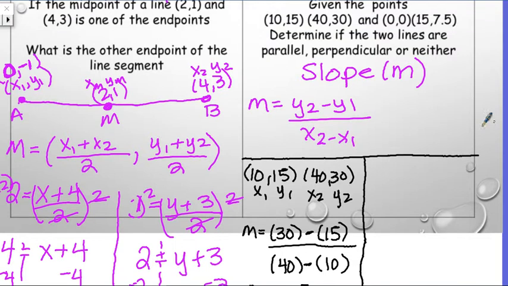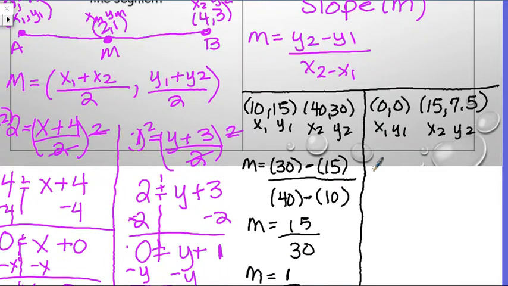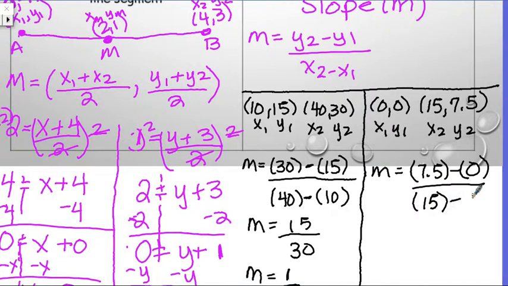Okay, let's do the second part. (0, 0) and then (15, 7.5). I'm going to call this X1, Y1, X2, Y2. You get M equals 7.5 minus 0 over 15 minus 0.